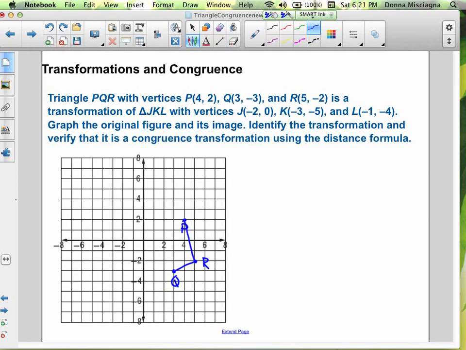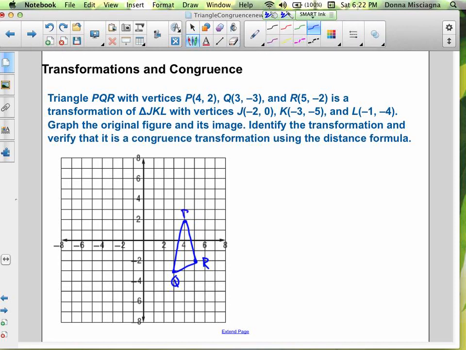I probably should have moved P. I drew the triangle right on top of P. Can I get P out? I can mess up my old triangle. Here, we'll just get rid of it. There we go. Here, we'll write P above it.